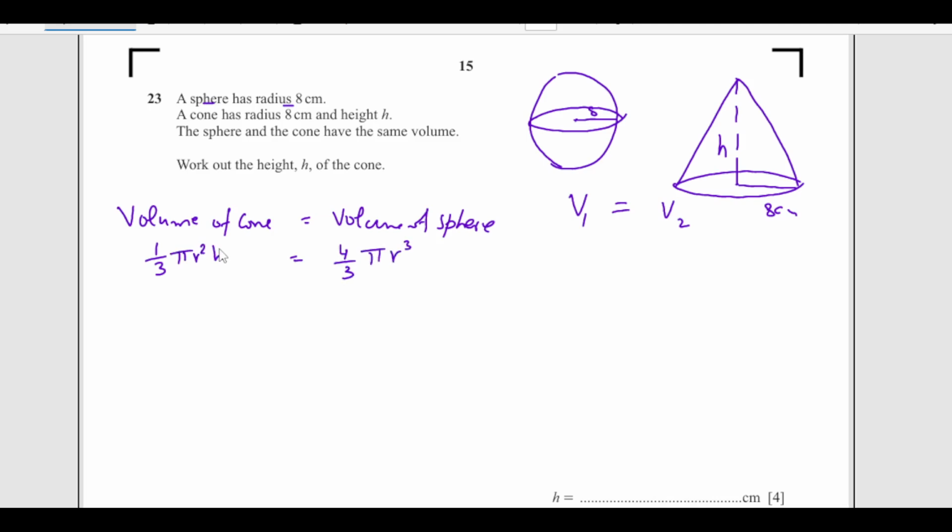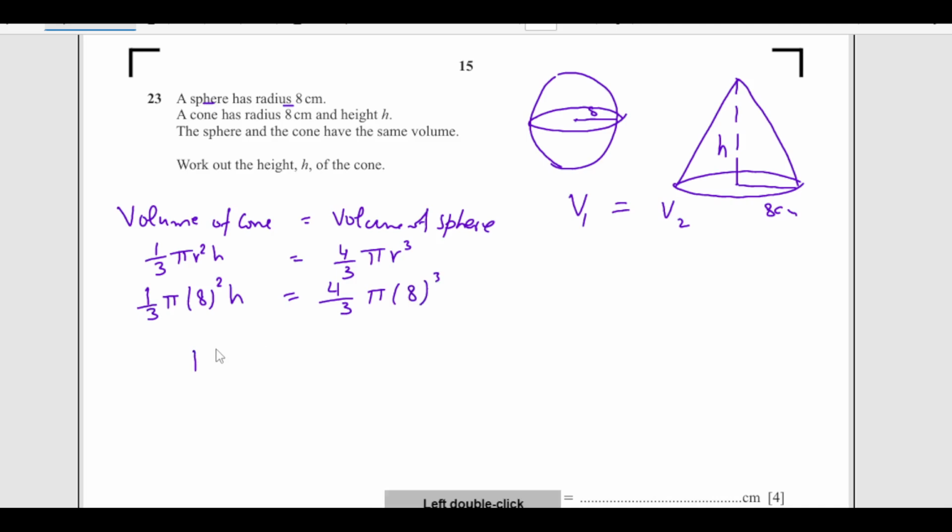Now make sure of the radius, but the radius is the same in both cases, so there is not a lot to worry about. So r is 8, h, and 4 over 3 pi, r is again 8 cubed, right. So if you see from here, we are looking for h.